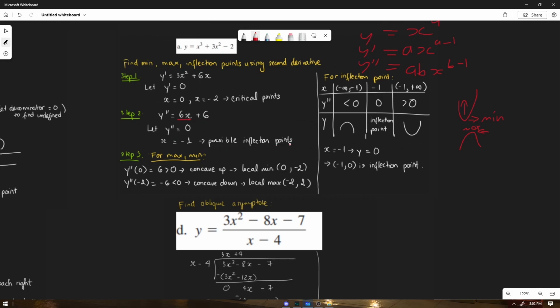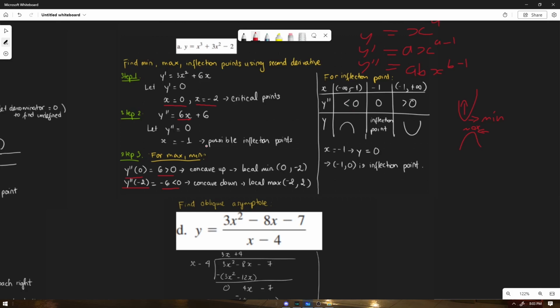After letting y double prime equal 0 with these two values, we have a possible inflection point. That possible inflection point, we still have to verify it. So how do we verify it? We have the critical points, don't we? So we use the critical points of x equals 0 and x equals -2, and we sub them into these two. When you sub into these two, you get 6 bigger than 0, and then -6 is less than 0.